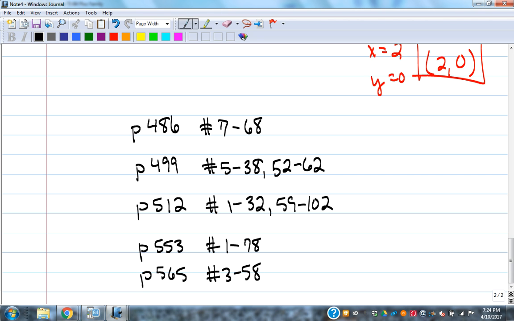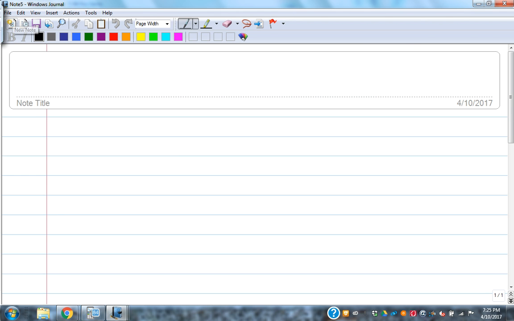We have 2 more sections here that are fairly short on nonlinear systems, and then the inequalities is really short. So let's look at that really fast and see if we can get somewhere with that. So this is non-calculator stuff. So this is real math here.